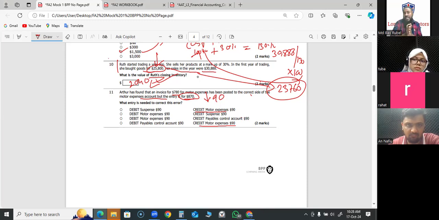They never told us, but you need to assume it is a one-sided error, and a one-sided error creates suspense. I repeat, a single entry error, overstated or understated, creates your suspense. So yes, motor expense credit, suspense debit is the right answer.